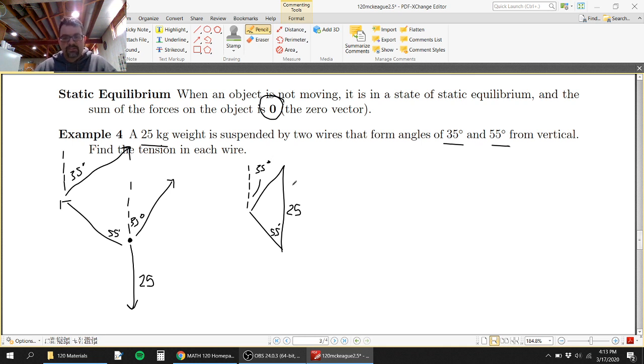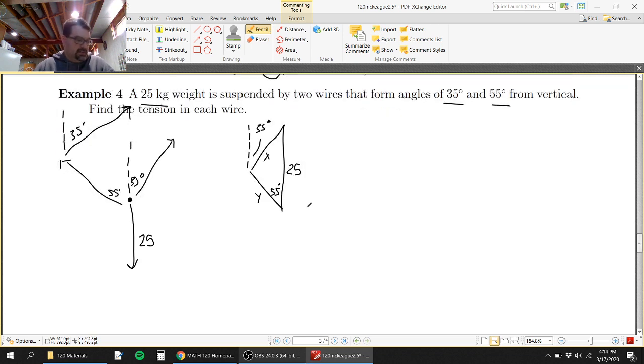When we're being asked for tension in the wires, like how many kilograms of weight is being pulled through those wires, it means finding these two sides. I'm going to call them X and Y. How long are those sides? All right. So a little geometry, and then good old trig that we've done before.